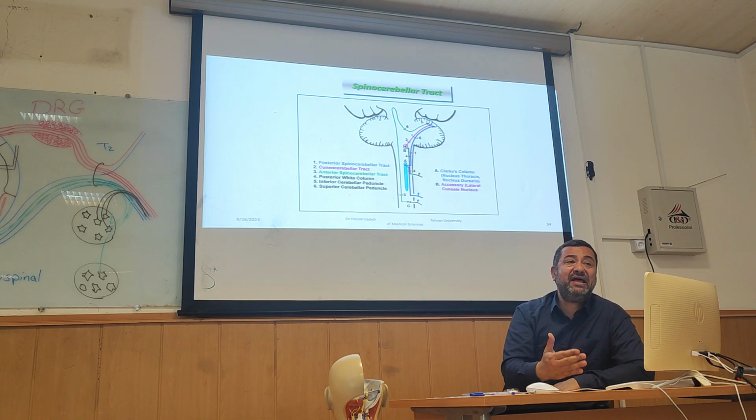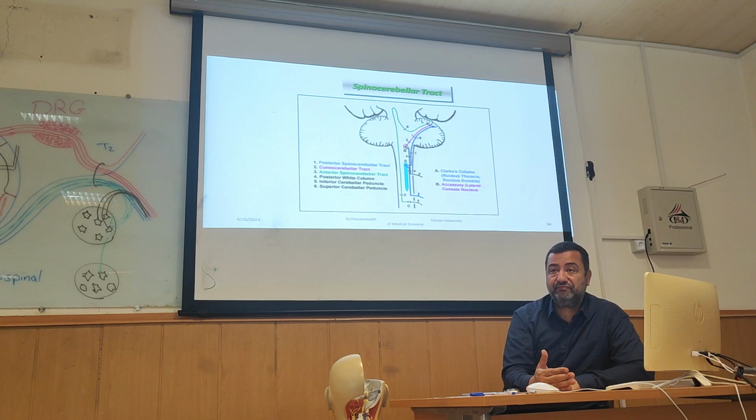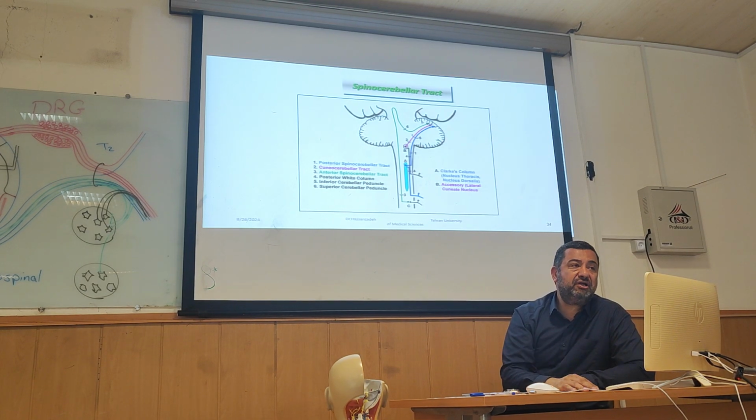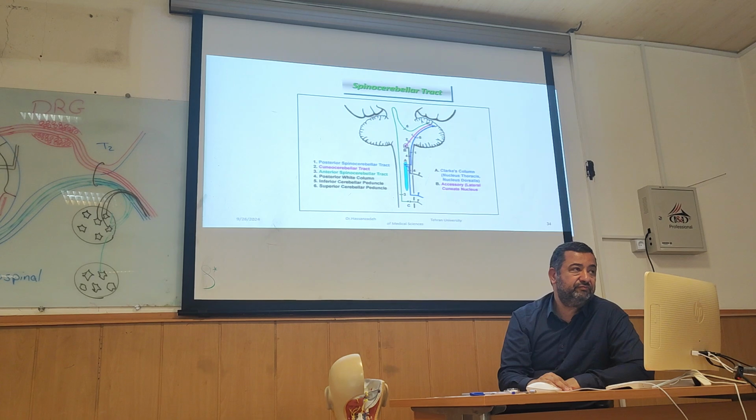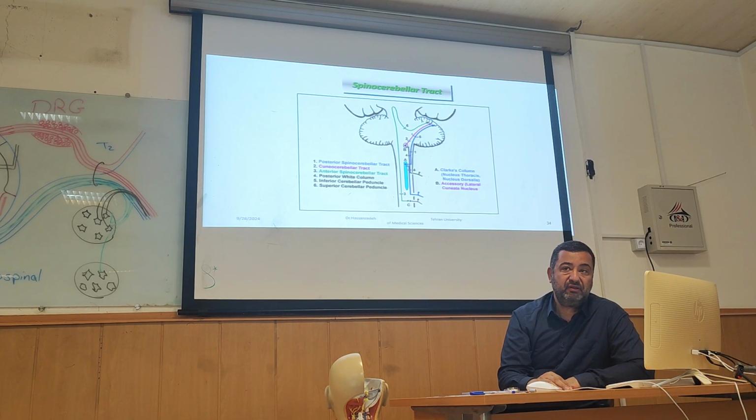Which tract in the lateral funiculus doesn't have any crossing? Posterior spinocerebellar. Okay?